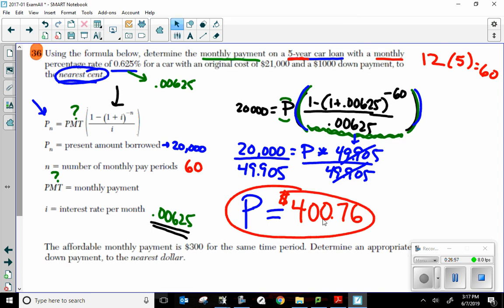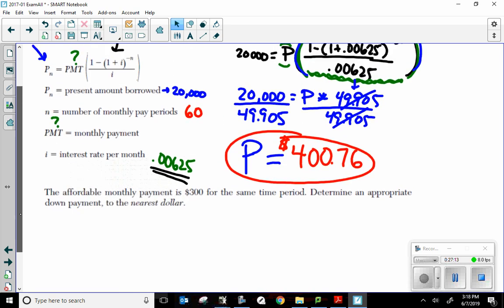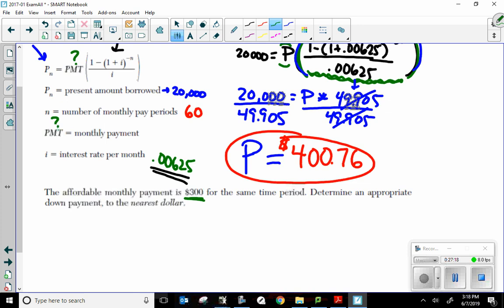All right, so let's take a look at part 2 of this question, which isn't as bad either, but it's complicated. And what I mean by complicated is the following. The affordable monthly payment is $300. So what they're telling us here is, this is what we want our monthly payment to be.